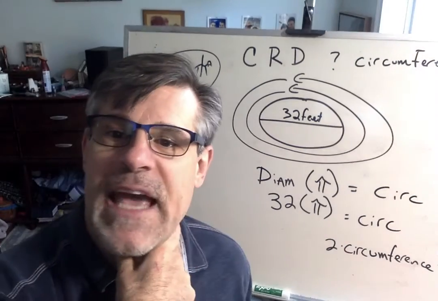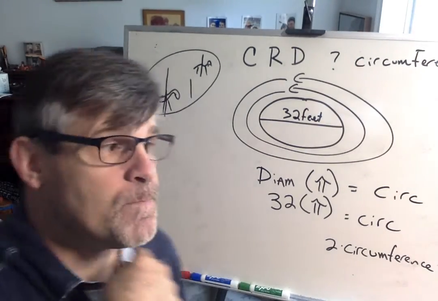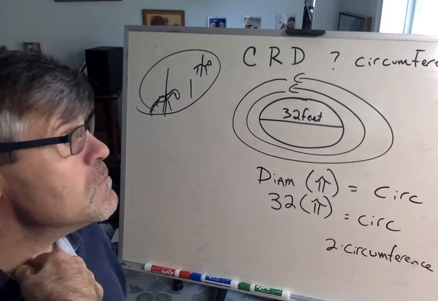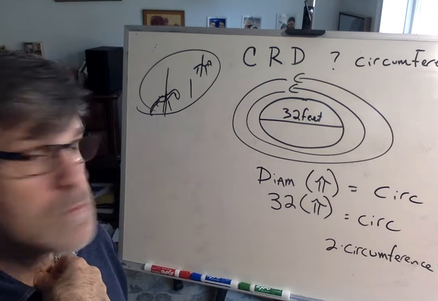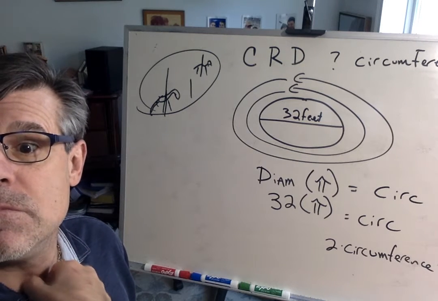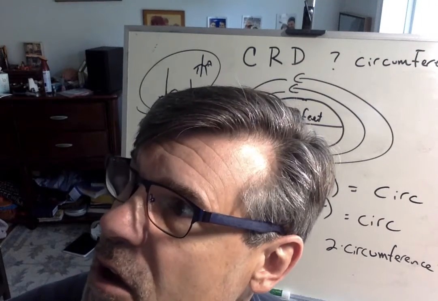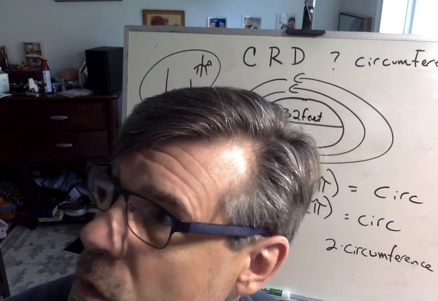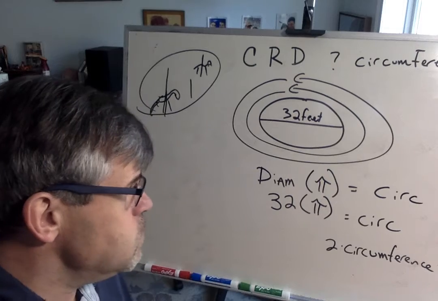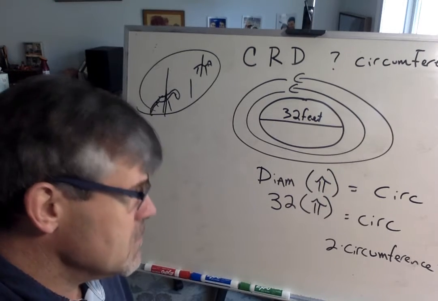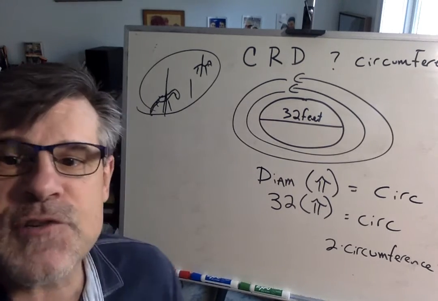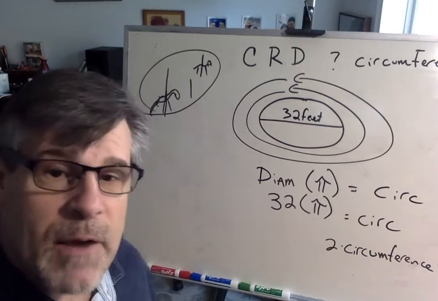Tamel, were you able to calculate the circumference yet? I did 32 plus 32, and I got 64, but I don't think that's right. That's an interesting way to do it. That might work.